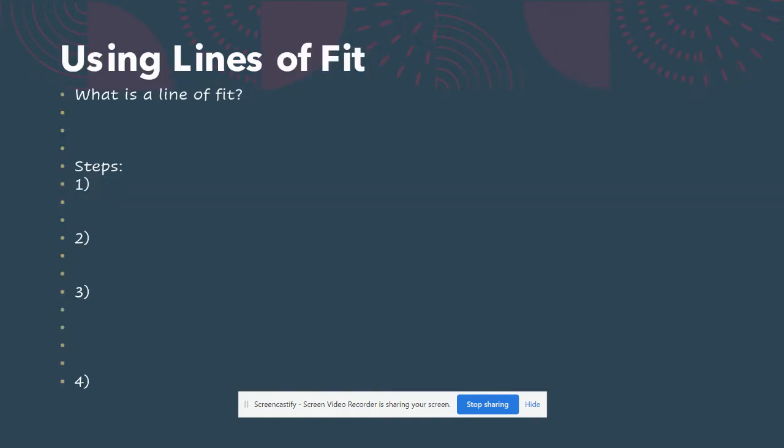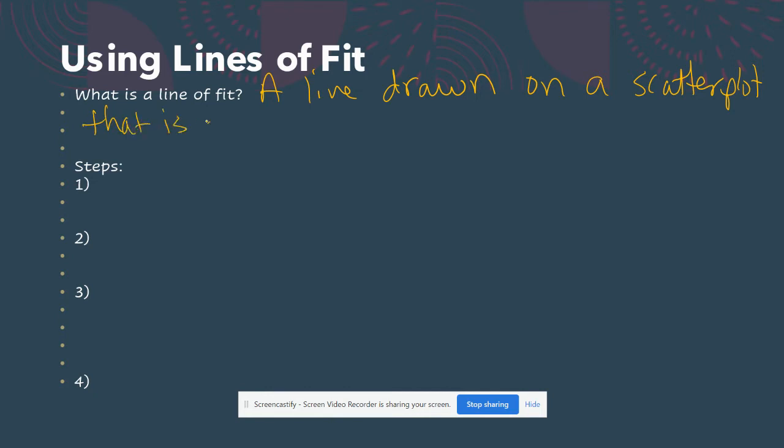Using lines of fit. So let's start with what is a line of fit. It is a line drawn on a scatter plot that is close to most of the data points.